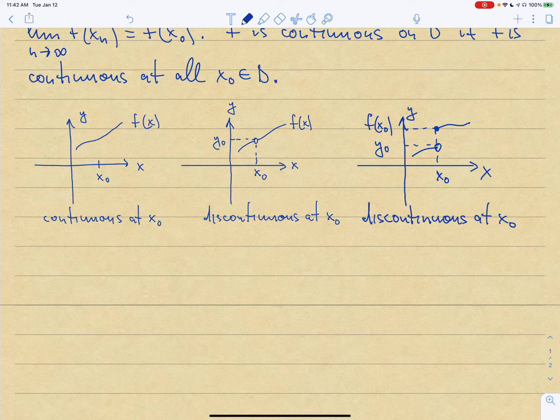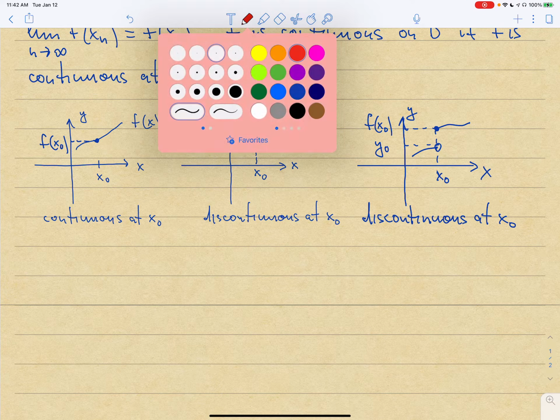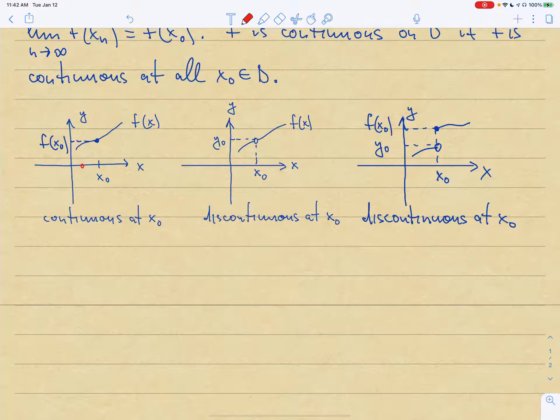All right, so now let's compare this to our definition. In the first case, let's make this f of x0. In the first case, let's say I pick any sequence of x's that converges to x0. So this would be an arbitrary sequence of xn.